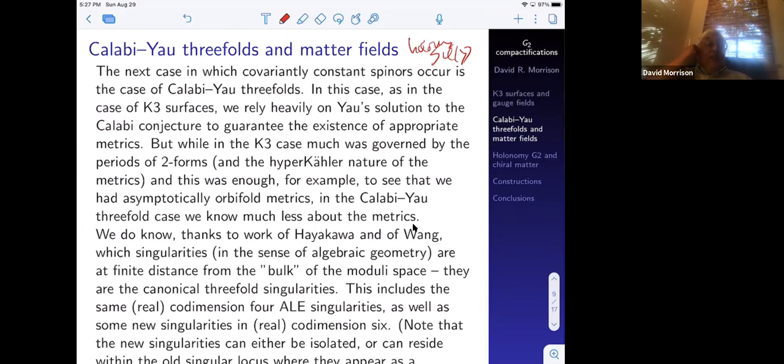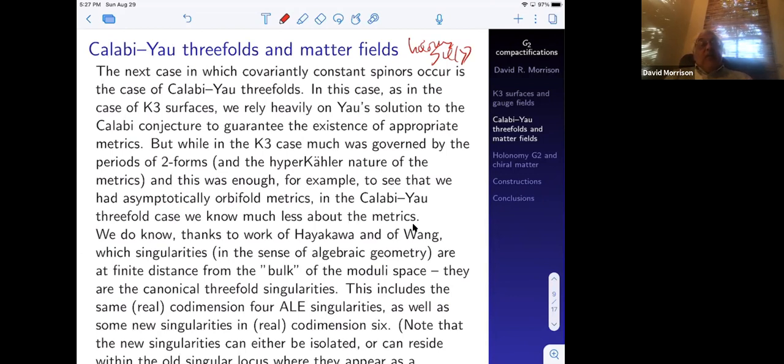Those are the positive definite part of the two forms on the metric in question. And if you calculate the integrals of those two forms over integer two cycles, you get a point in some symmetric space, and that point determines the isomorphism class of the K3. So the periods of two forms really determine the K3 up to isomorphism. And that's what we need, for example, in the argument that we got asymptotically orbifold metrics in those appropriate limits where those two spheres shrunk down.